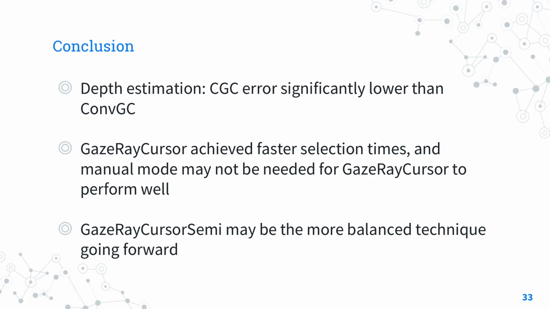Nevertheless, GazeRayCursor Semi may still be the best technique going forward, since the manual mode would give users more control when gaze cannot precisely pinpoint objects that are farther away. And so it takes the best of both worlds.